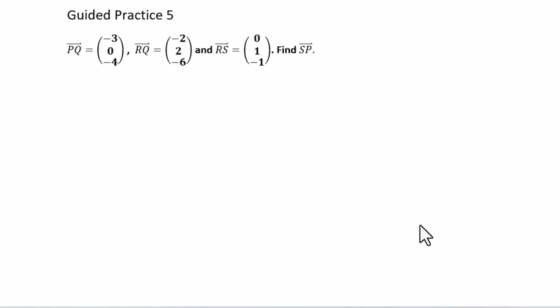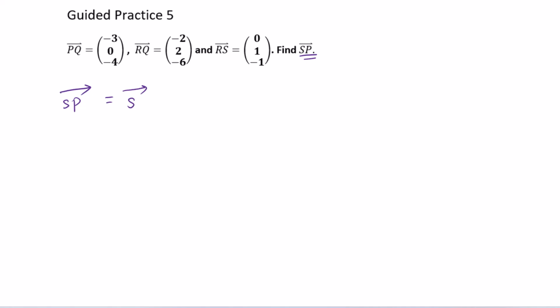Let's go to guided practice 5. We are given vector PQ, RQ, and RS. We are looking for vector SP. You will get started from this S. What's given?